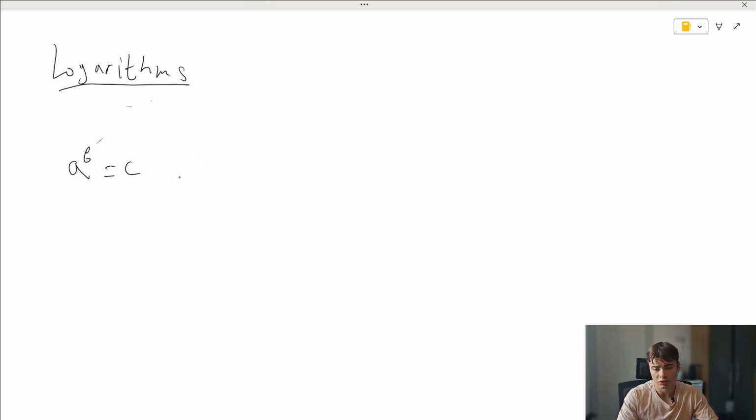Now, what are logarithms? Log of c to the base a is equal to b.